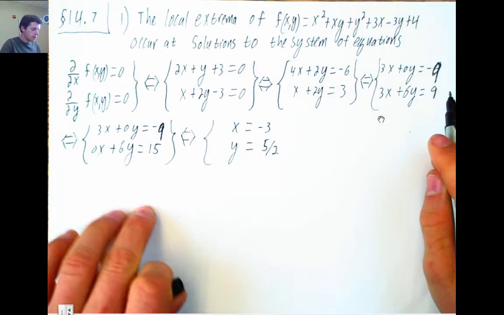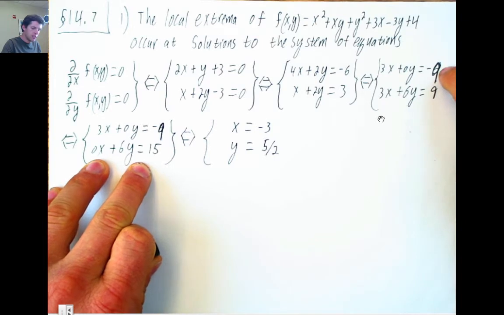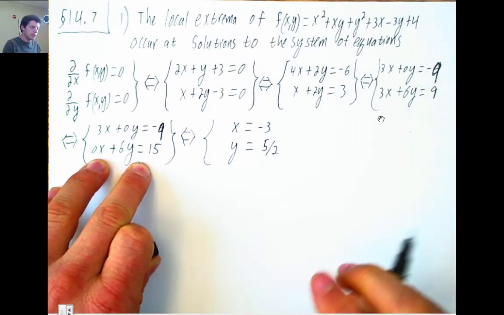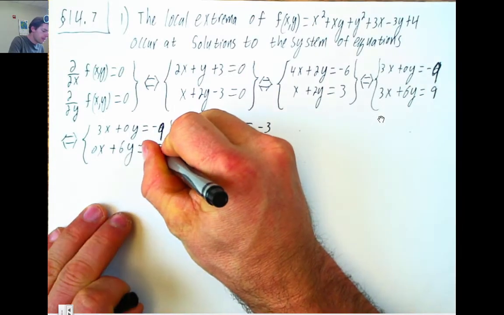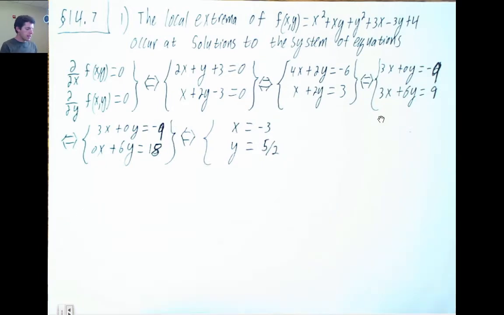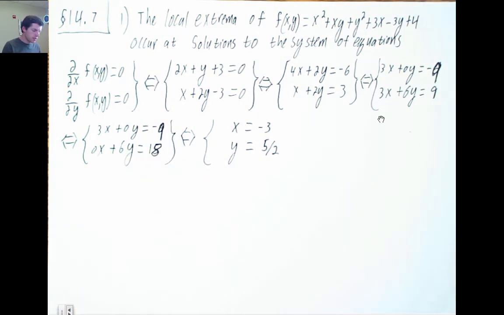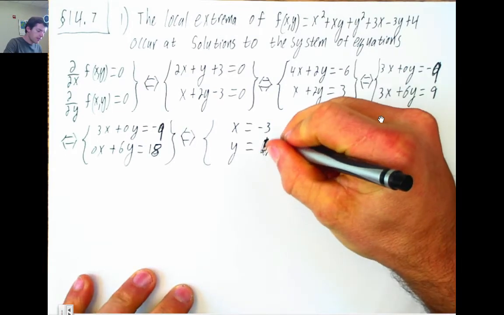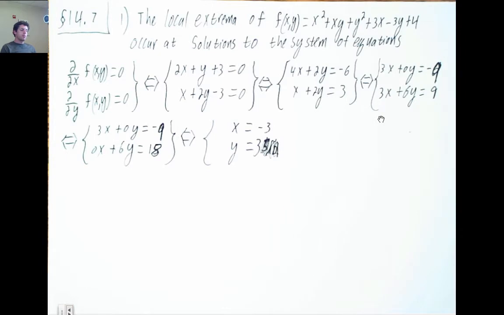But to obtain that equation right there, I took 9 minus negative 6, and that should have been a negative 9. 9 minus negative 9 is not 15, it's 18. So fixing that, I've got 18. 18 divided by 6 was 3. So 3. Now that's a nice simplified system of equations.